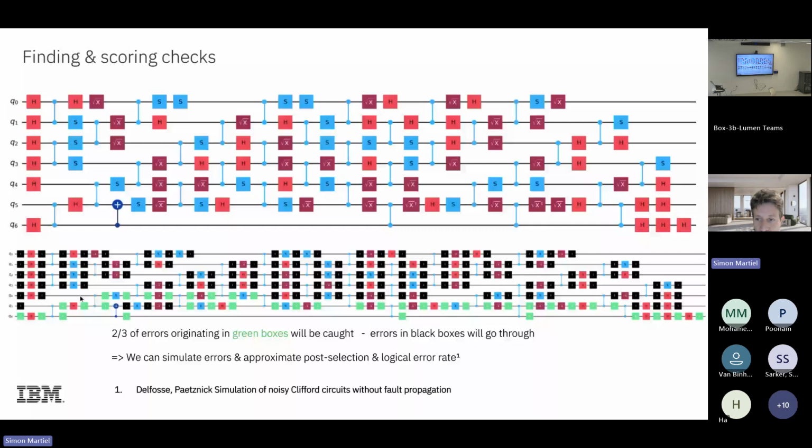So you can see that the detecting region grows here slightly and then shrinks back to a single qubit. And all those green boxes, you can think of them as locations where errors will be caught within the payload, thanks to our check. So the cool thing is that since we have access to this region, we can do Monte Carlo simulation and say that most errors in this region will be caught, and we can assess how the error rate will improve thanks to this check.